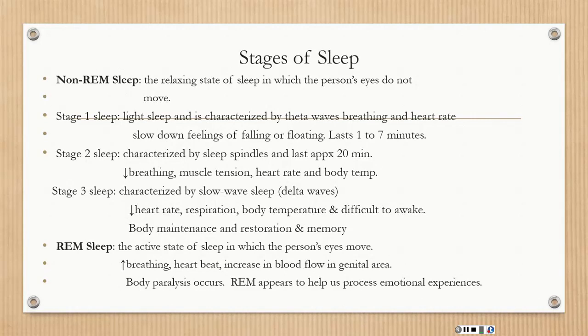Non-REM sleep is non-rapid eye movement sleep, which is identified as a very relaxed state of sleep. It's also marked by one not having that darting back and forth in respect to their eyes. So their eyes aren't moving back and forward. Non-REM sleep also encompasses stages 1, 2, and 3 of sleep.